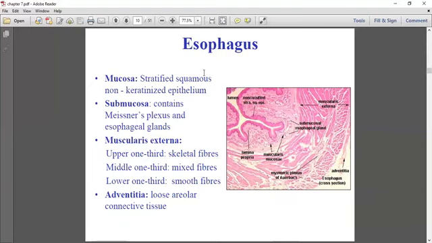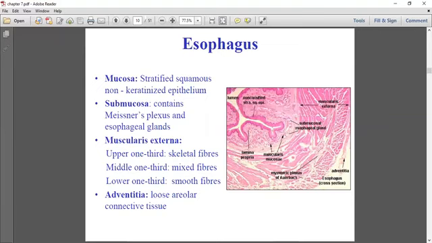Esophagus, the tissue layers of the esophagus arranged from innermost to outermost. Mucosa, this is the lumen.